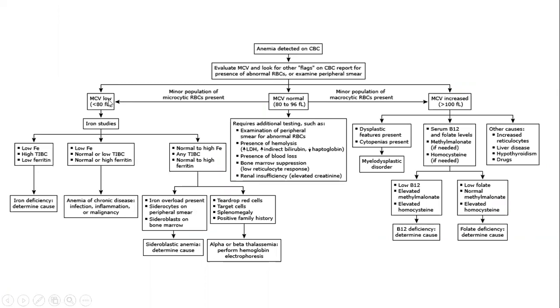If MCV is low, it may be iron deficiency, so we need an iron study. If the iron study finds low iron, it may come with high TIBC, binding capacity is high, or sometimes normal or low TIBC, or normal or high ferritin.